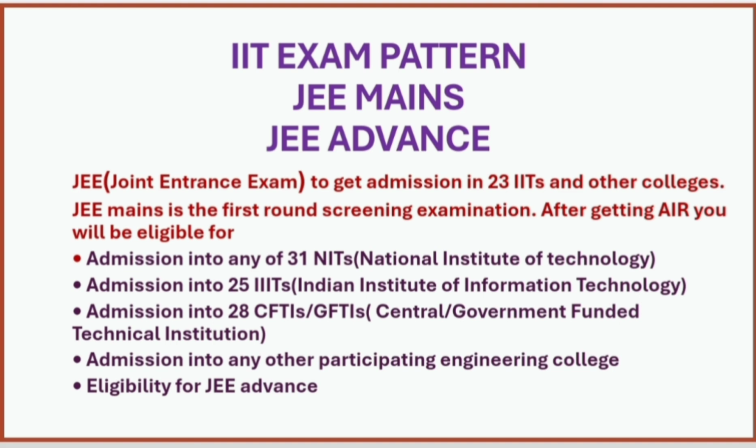First, JEE Mains. JEE Mains is nothing but the first round screening examination. After getting an All India Rank, you will be eligible for admissions into any of 31 NITs, National Institutes of Technology, 25 IIITs, Indian Institutes of Information Technology, 28 CFTIs or GFTIs, central or government funded technical institutions, and any other participating engineering college.